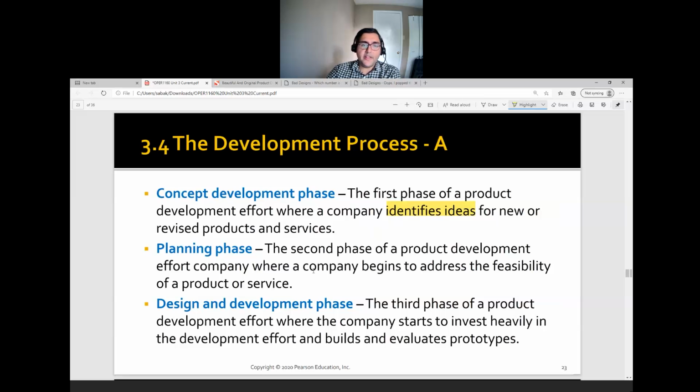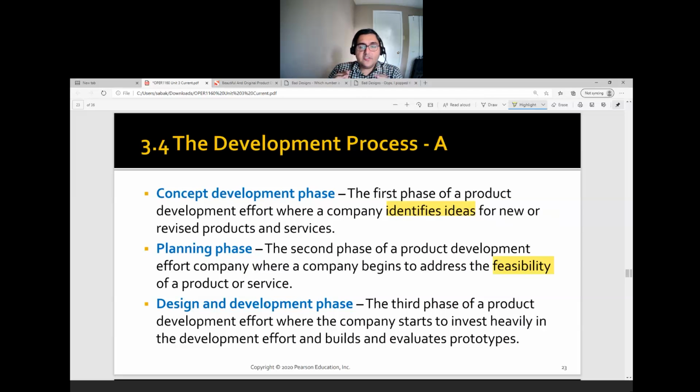The concept development phase is the first phase of product development, where they look for new ideas and try to improve upon the existing products. The second phase is the planning phase, wherein the company looks at the feasibility: how do I convert the ideas into some product or service?